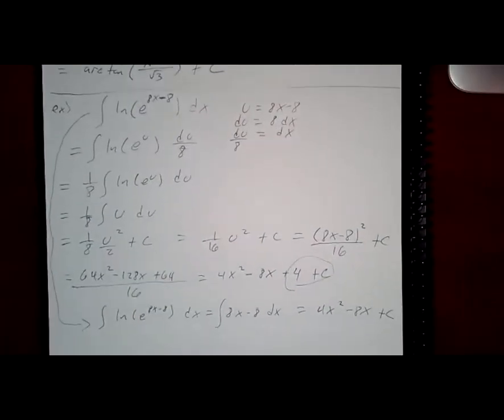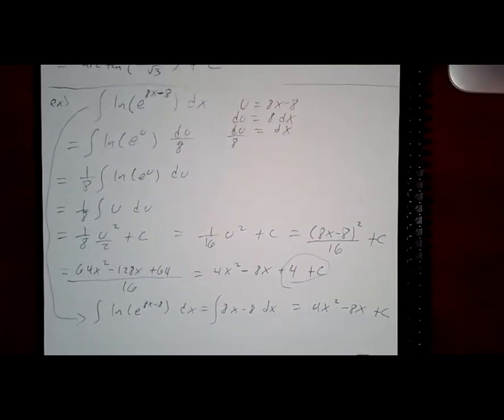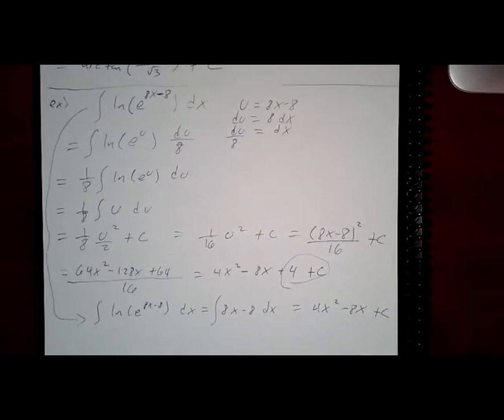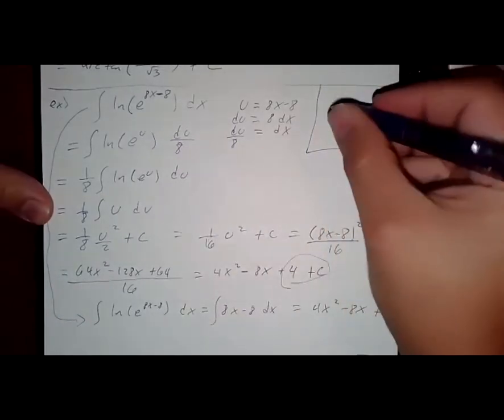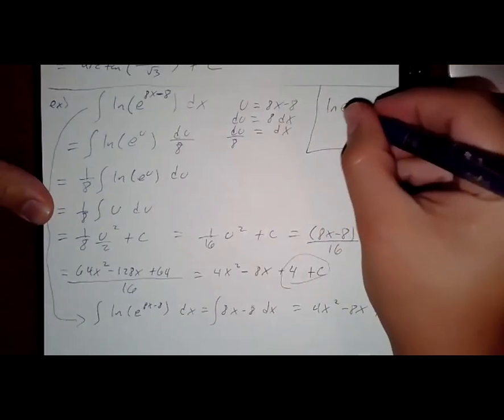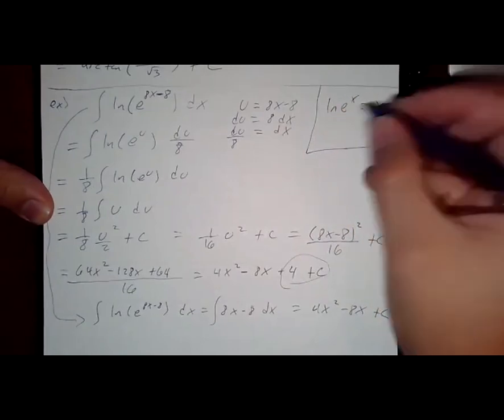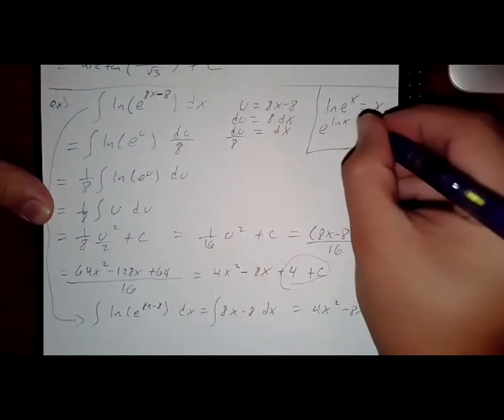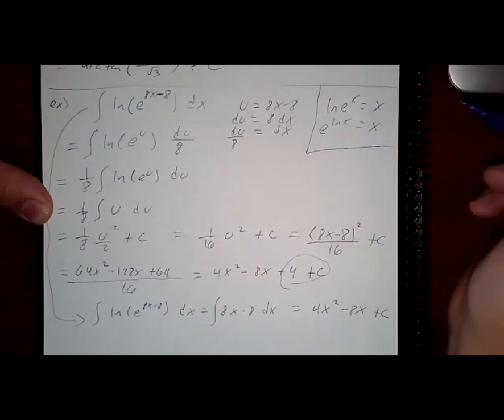Oh, you want to look? You said that we can, because the ln and the e cancel out each other. Yeah, just remember this property here. I'll write it for you. Ln of e to the x will always equal x, or e to the ln x is equal to x. So these are inverse functions that will cancel.